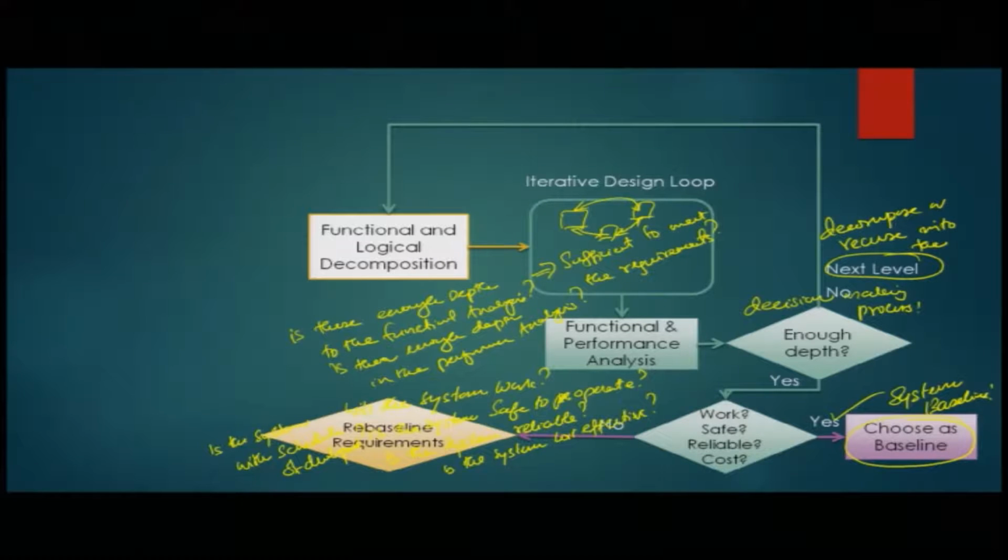and if the answer to any of the questions is no, then we have the question again. I will erase this because I already wrote it in a place where it is not supposed to be, but anyway. So, you have some issues, that some of these questions, this system is not able to work, it is not safe to operate, or it is not reliable, or it is not cost effective, then there is something wrong with your requirements. Okay. Whatever requirements you came out with from the functional and logical decomposition, the baseline requirements that you derived out of it, there is something that is not achievable.